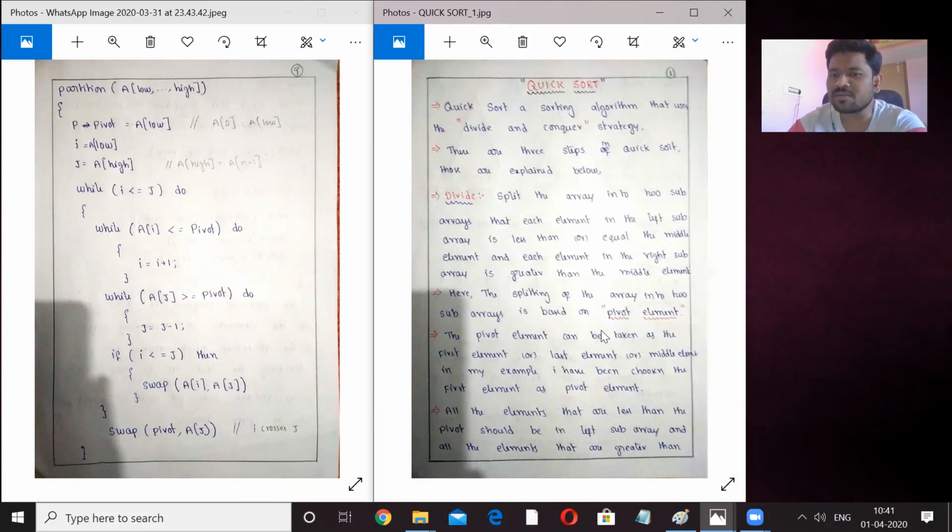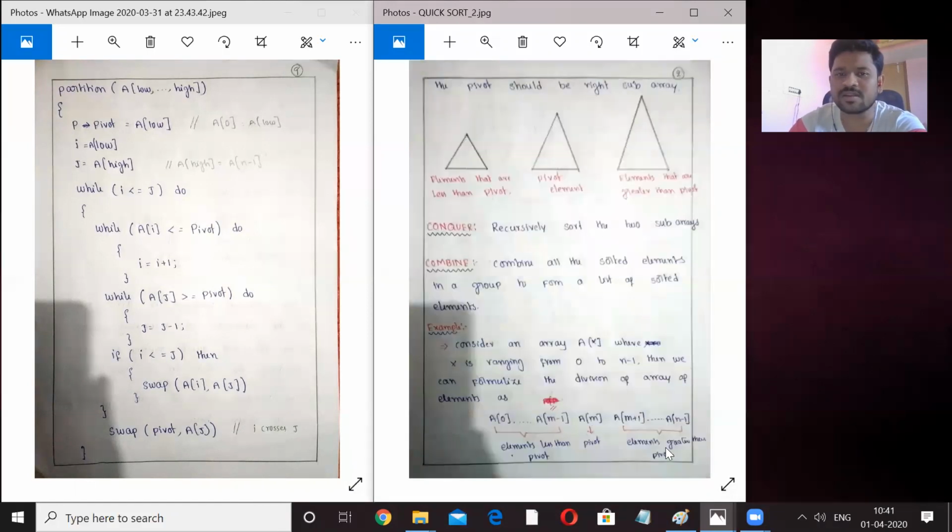The pivot element can be chosen as the first element, the last element or the middle element. In my example, I have chosen the first element as the pivot element. All the elements that are less than the pivot element should be in the left subarray, and all the elements that are greater than the pivot element should be in the right subarray. The pictorial representation of that is given here.